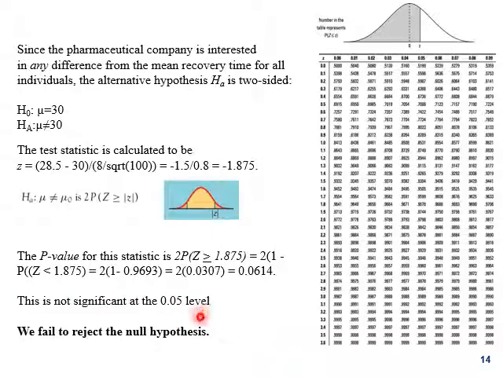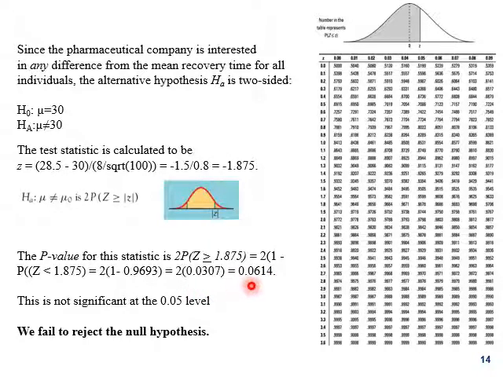And what is the confidence level here? To get the confidence level, we subtract this value from 1. So 1 minus 0.05 is 0.95, so the confidence level is 95%. But if we changed our significance level to 0.1, then this number is smaller than 0.1.